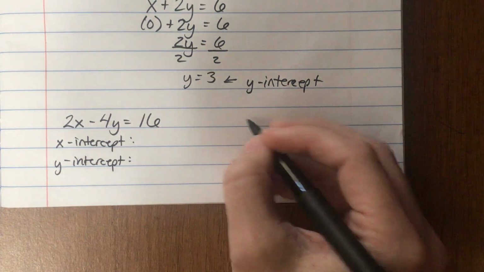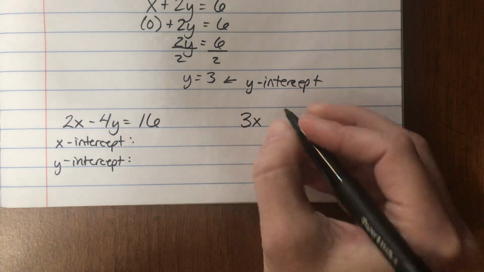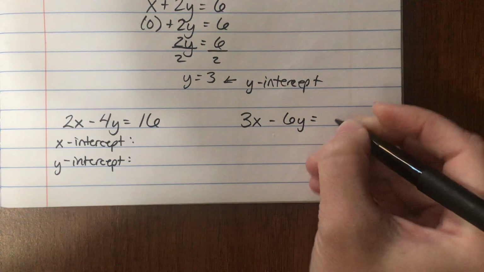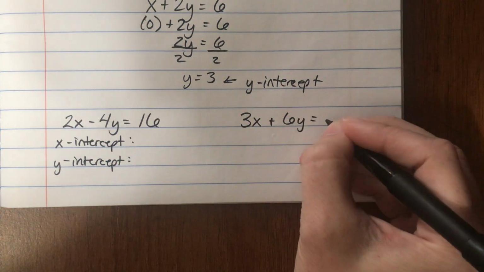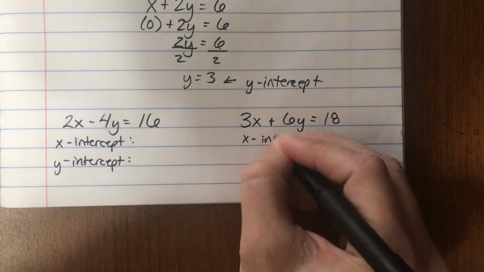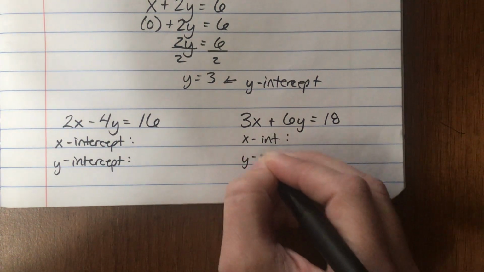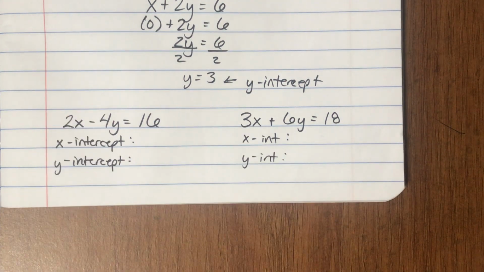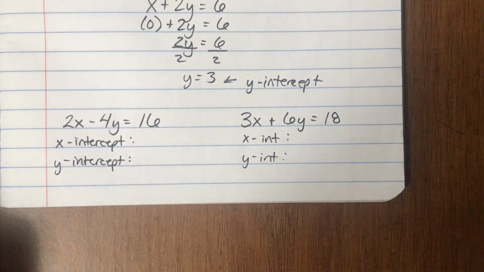And then let's try 3x plus 6y is equal to 18, and I want to know the x-intercept and the y-intercept. So go ahead and, again, you could plug in 0, but type that equation into Desmos and see if you can find the x and y intercepts. Maybe pause the video, go and try that and see if you can fill in these blanks.